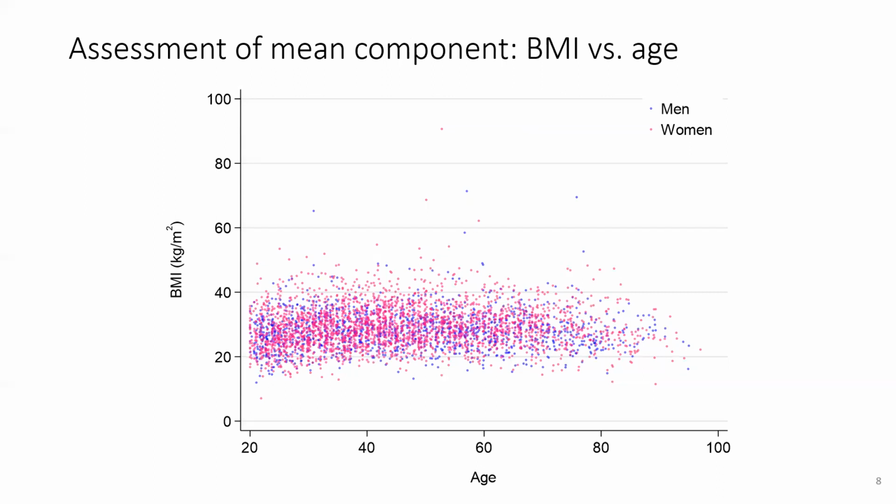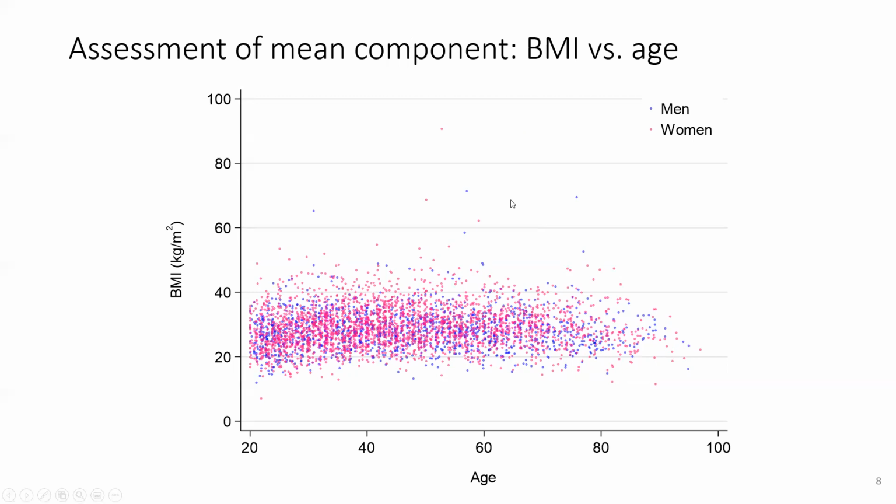This is just a scatter plot, men and women. By eyeballing, we can see BMI increases as age increases, and after 60 maybe it's going down. It is difficult to see the difference between men and women with this scatter plot.